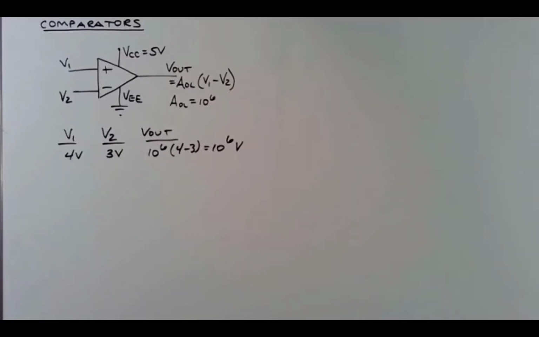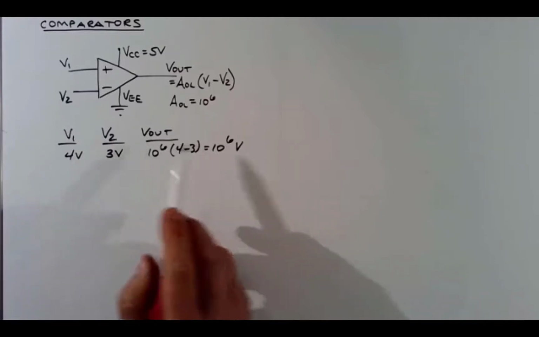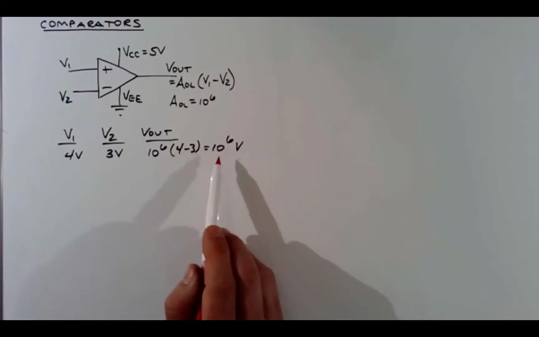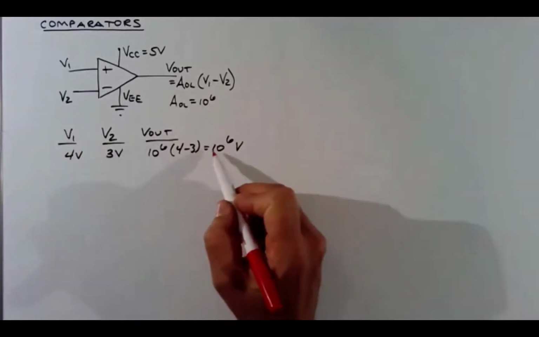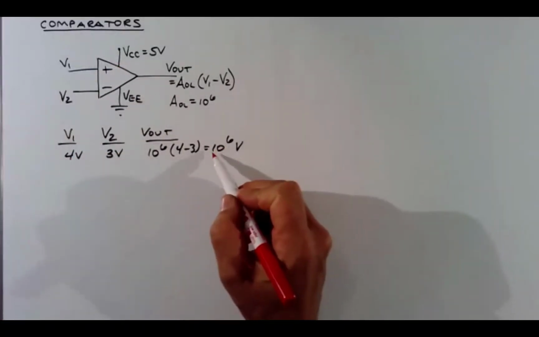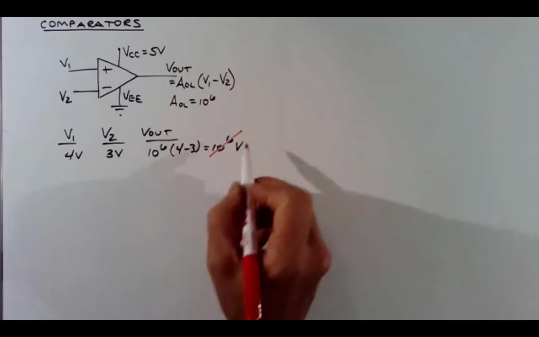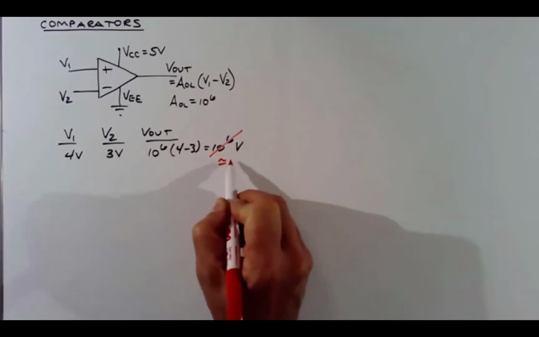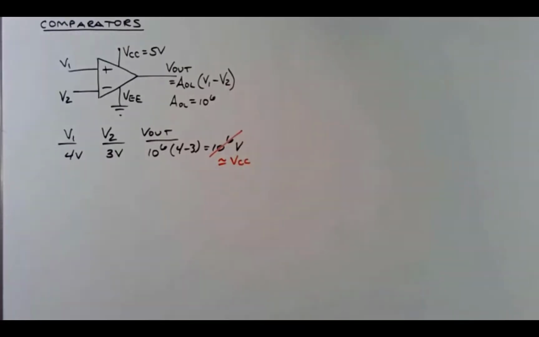Well, that's not going to happen, right? We know from the output voltage swing limitation that the output has to fall between VCC and VEE. So you're not going to get 1,000,000 volts. You only have 5 volts. So at the positive end of the range, you're not going to get 10 to the 6th. You're going to get approximately VCC, because we saw there was some margin.